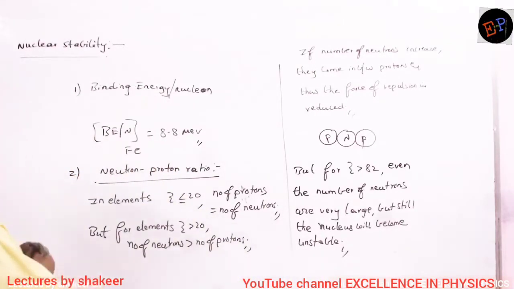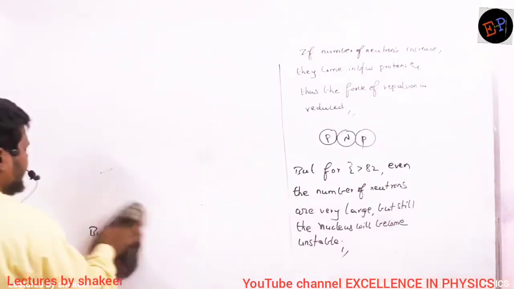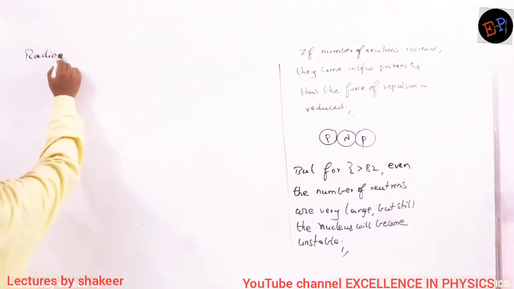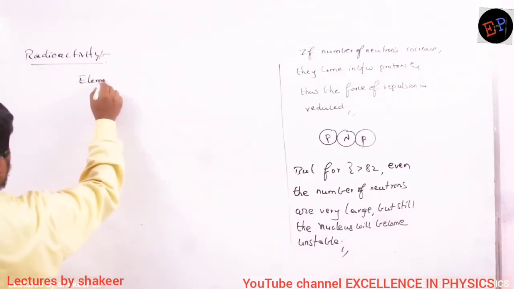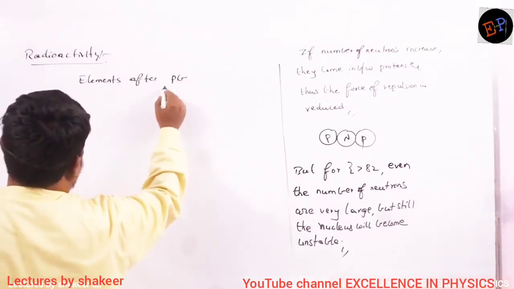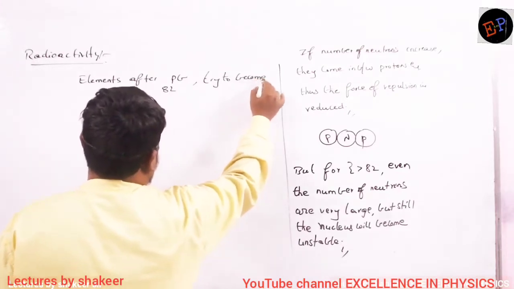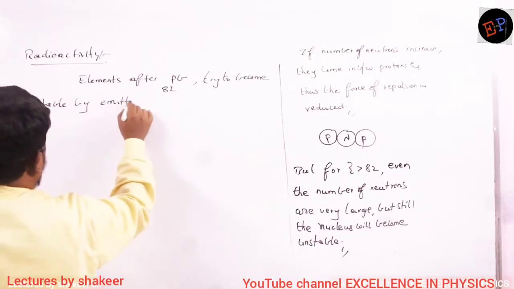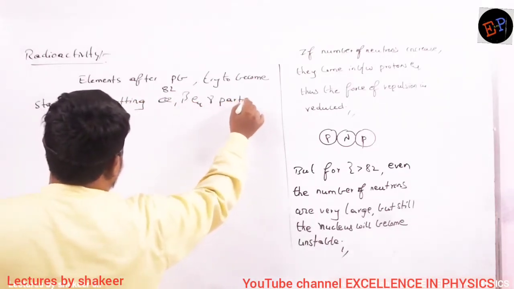So what is meant by radioactivity? Okay, ma? So radioactivity, how can I define? Elements after plumbum, lead 82, try to become stable by emitting alpha, beta and gamma particles.